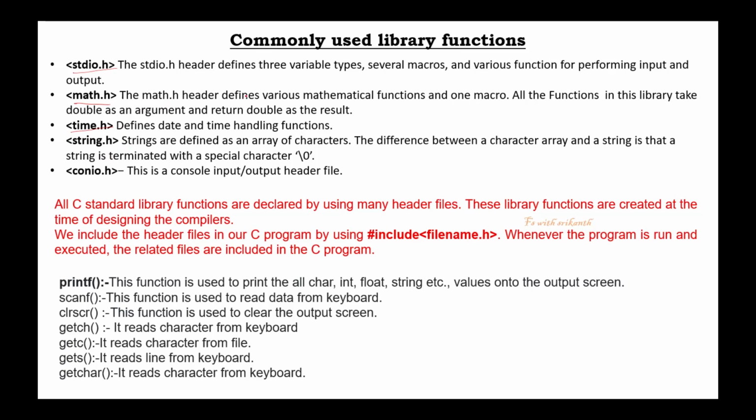Suppose you want to do some functionality with strings, like copy some strings, paste, or calculate the string length, in that situation you use string.h. If you want to print your statements, in that situation you definitely use console input output. So these are commonly used header files. We are going to discuss them in depth in further classes. Right now, what are the basic functions we are using? Basic functions.